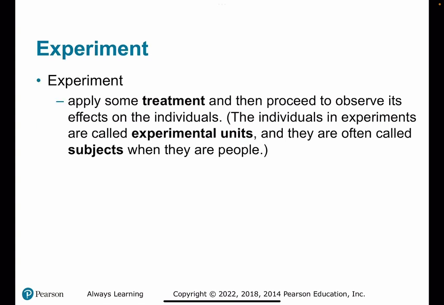So with an experiment, we apply some sort of treatment and then proceed to see what its effect is on individuals. Does it do any good? Was there a significant reduction in blood pressure among those who actually got the medication and stuff like that.